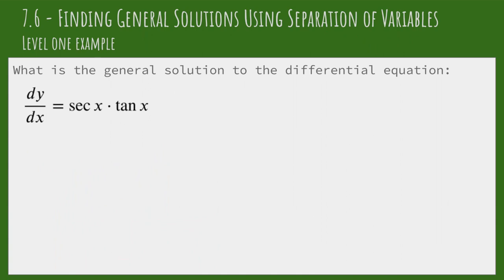This example I have on here because this is a derivative that's defined entirely in terms of x, which is the independent variable here. So we can still solve a differential equation like this using separation of variables.